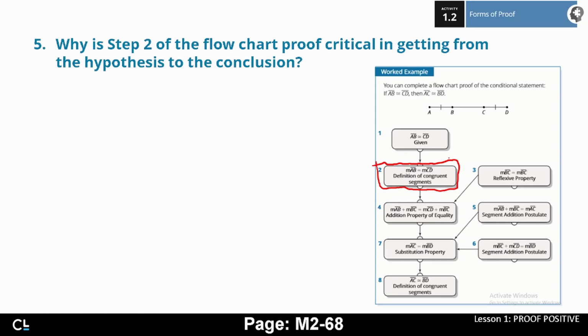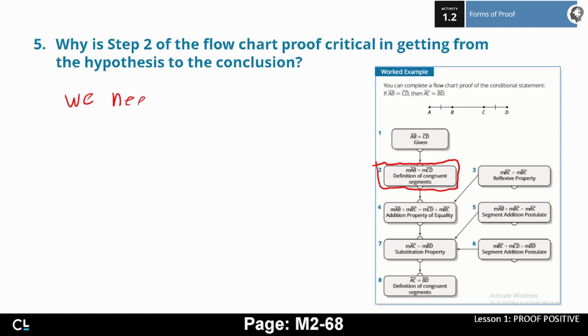Well, because when we are adding and subtracting segments to each other, that's when we have to make it an equal sign and not a congruent sign. This is just like a formality, right? So why is this critical? Oh, my handwriting is so sloppy today. I apologize.